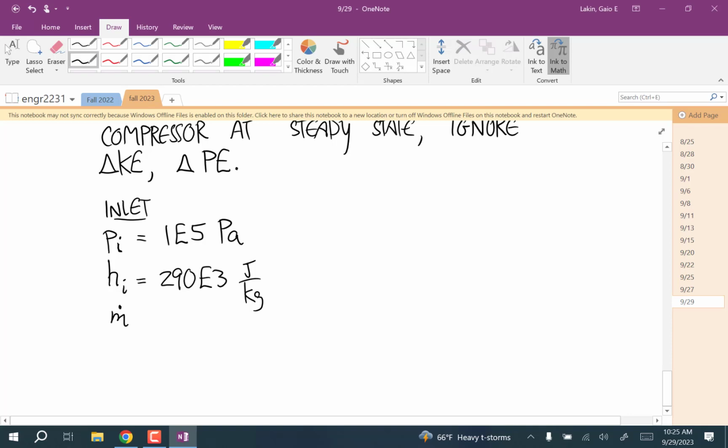And M dot, given at the inlet, is equal to 0.1 kilograms per second. And then at the exit, we're given that the enthalpy is 1023 times 10 to the third joules per kilogram.